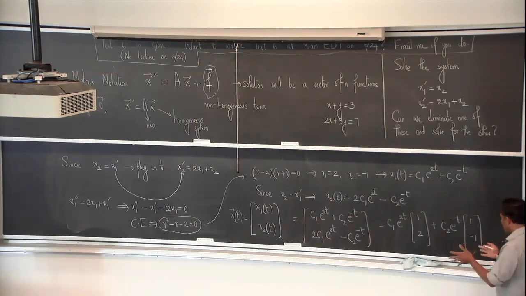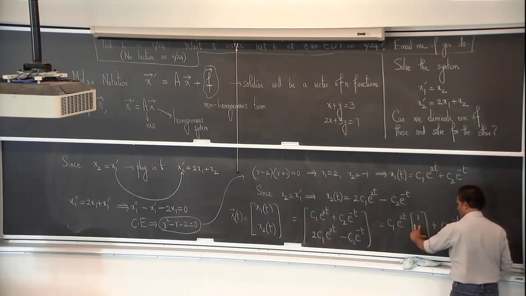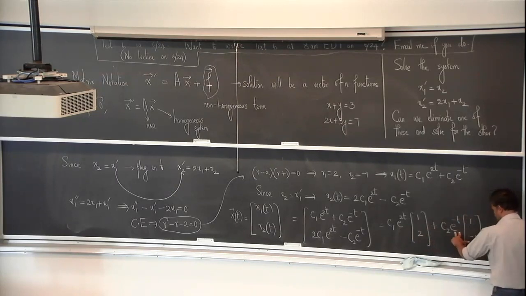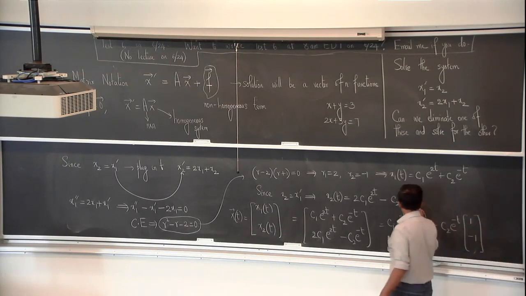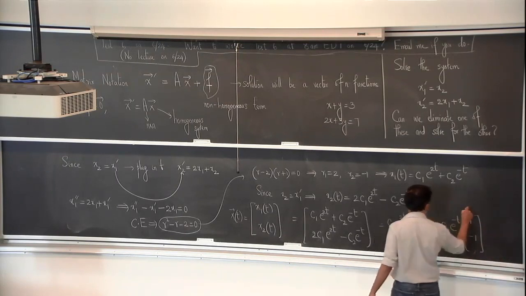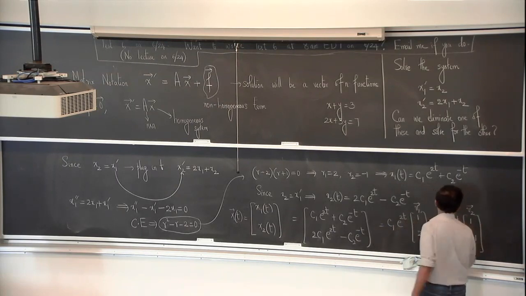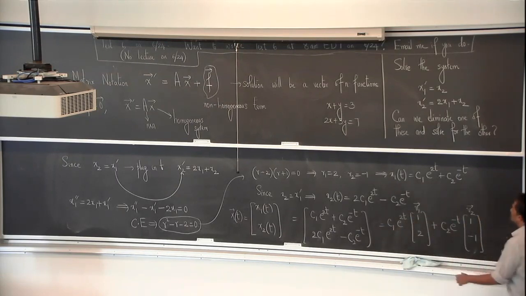So it has got a format of some exponential function times a vector and an exponential function times a vector. That is what it looks like for a 2 by 2 system. Let's call these the vector v1 and vector v2.